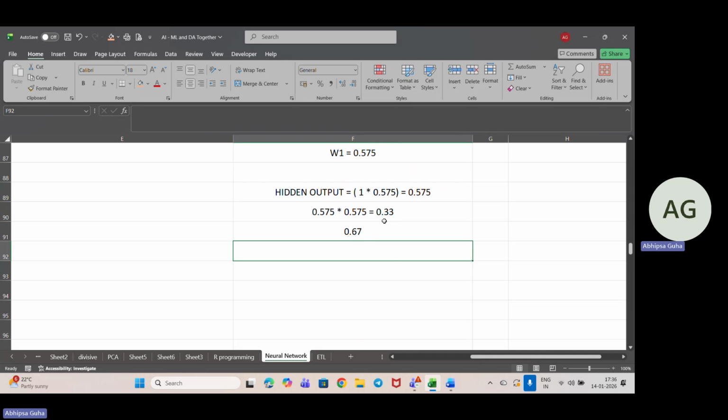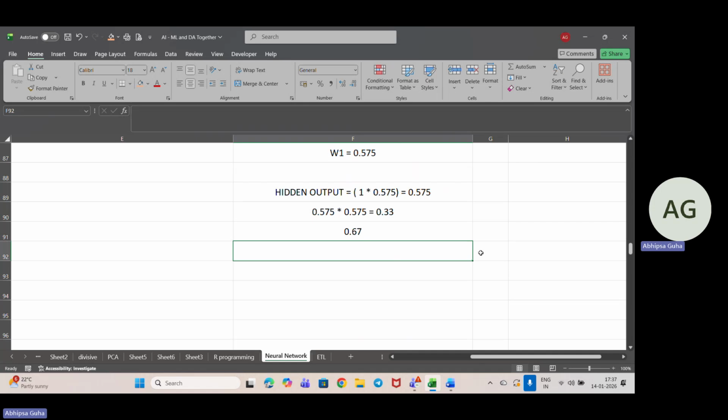Okay. Now the result-wise comparison: initially, the first time, I am getting the error that is 0.25, and after learning it has updated, and now the error value I am getting is 0.33. So the answer has improved, right?